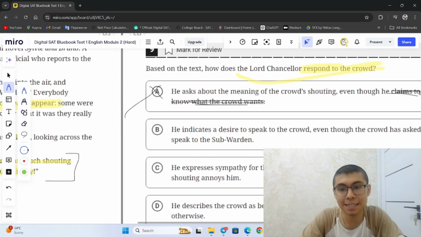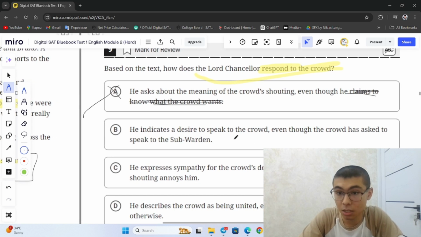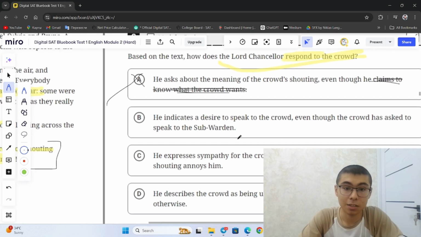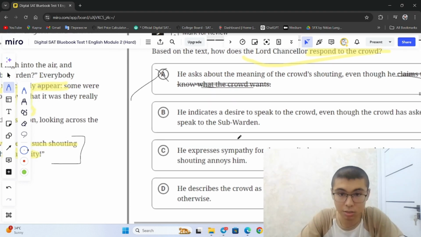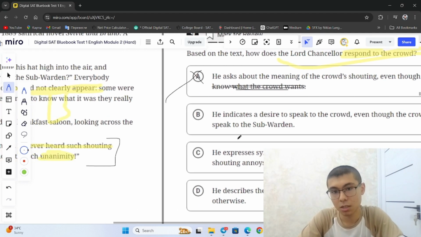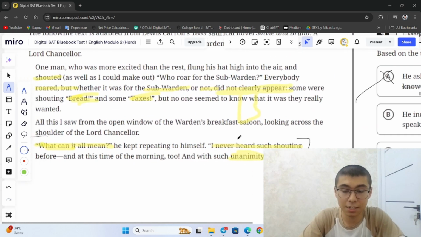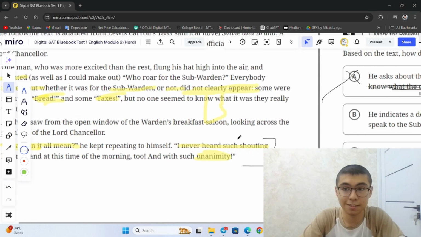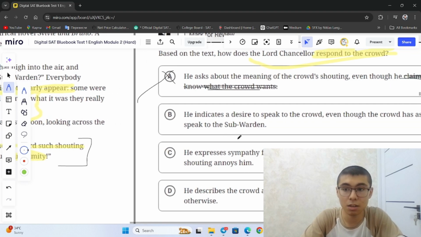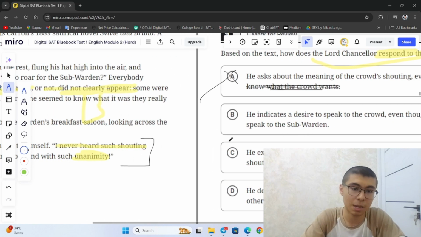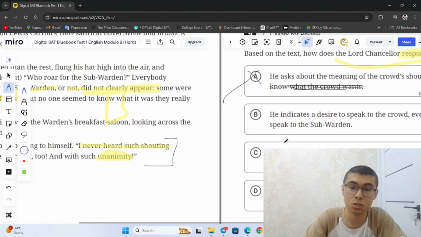B: He indicates a desire to speak to the crowd, even though the crowd has asked to speak to the sub-warden. I mean, does he indicate a desire to speak? Is he saying that he wants to speak to the crowd? I'm not sure. Let's leave this choice.